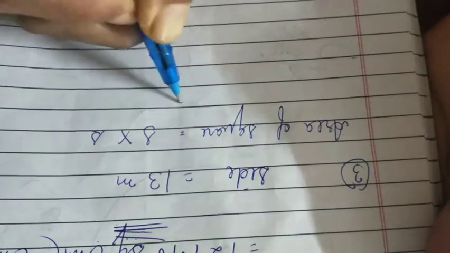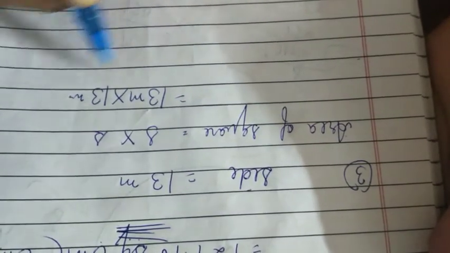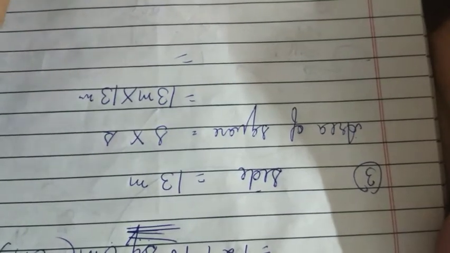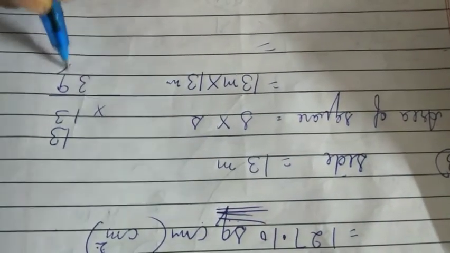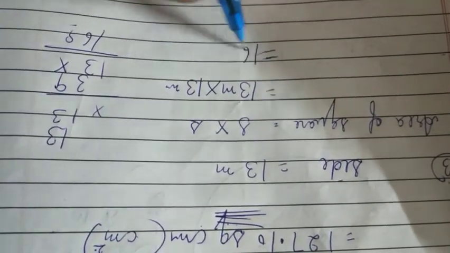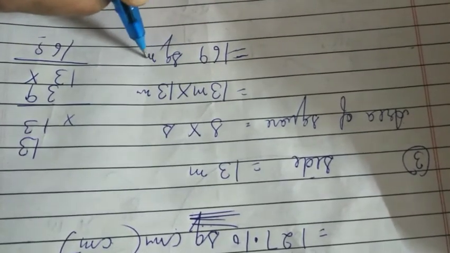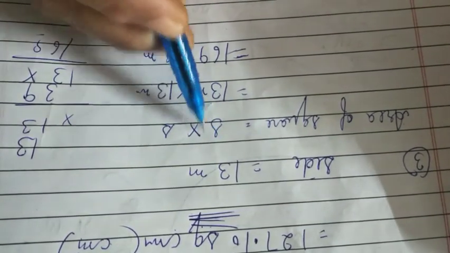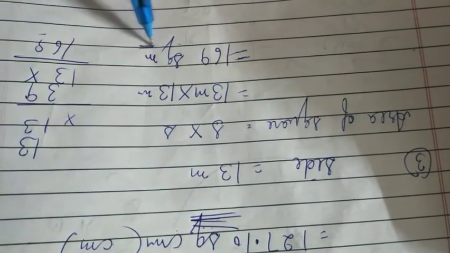Side multiplied by side. 13 meter multiplied by 13 meter. We multiply 13 by 13. The answer is 169. So the answer is 169. What? Square meter. Because the side is in meter, so the area will be in square meter.